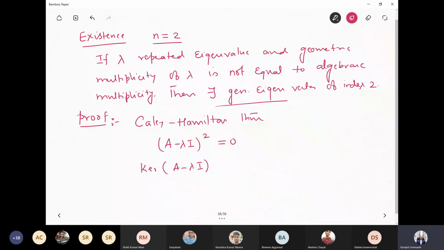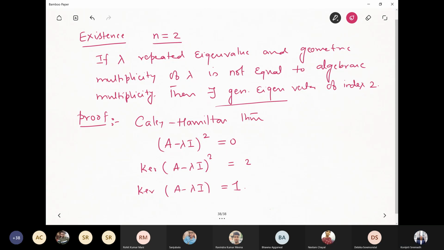I don't know how you denote it, but what I mean is the dimension of the null space of A minus lambda I square is going to be 2. And what we have from the hypothesis is that the dimension of the kernel of A minus lambda I is 1, because it has only one eigenvector.